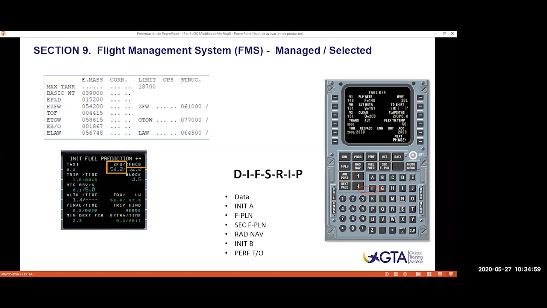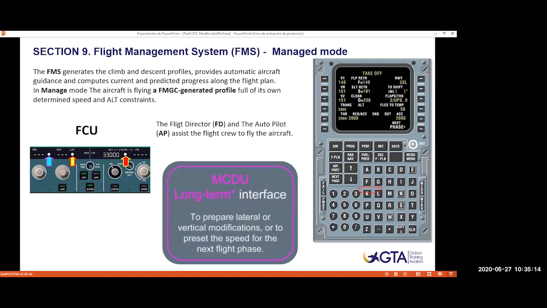So we introduce with the load sheet everything that we need, the zero fuel weight, the fuel, everything, into the computer. So remember that on the ground we already prepared my flight. We already introduced all of this data. We already made a long-term prediction of my flight.